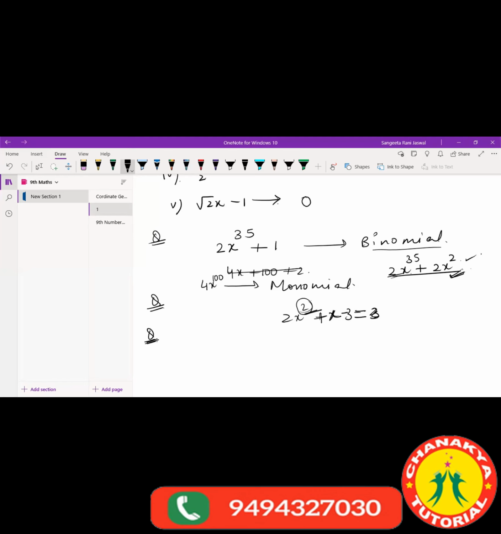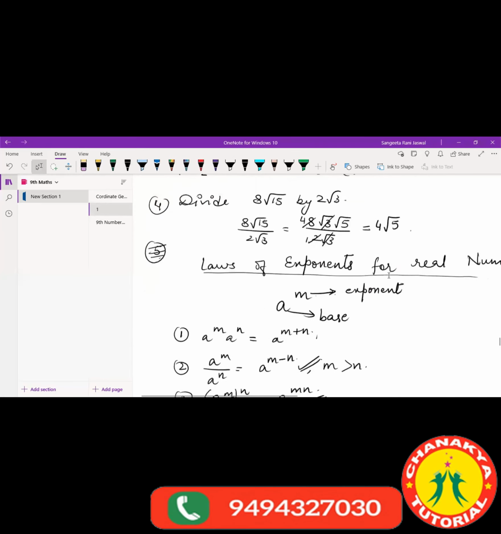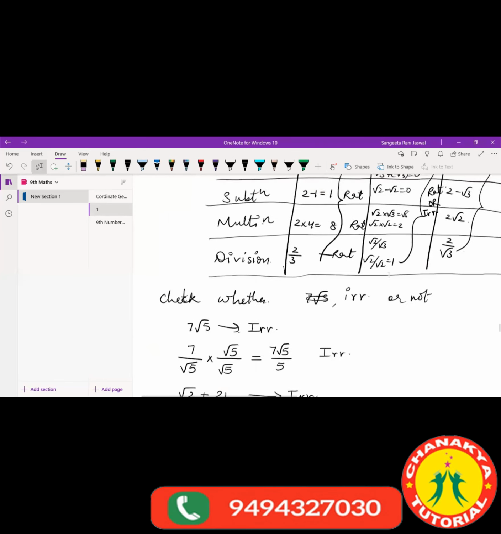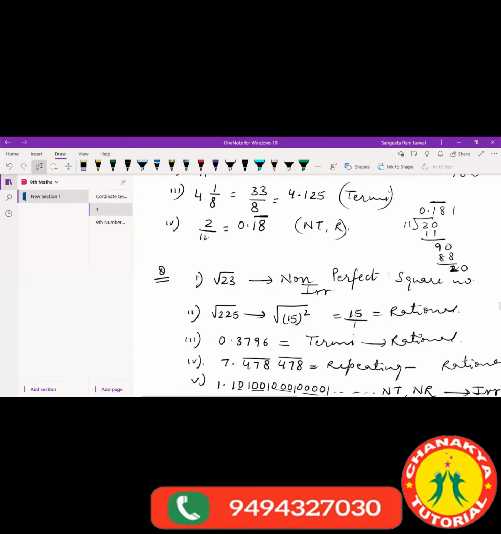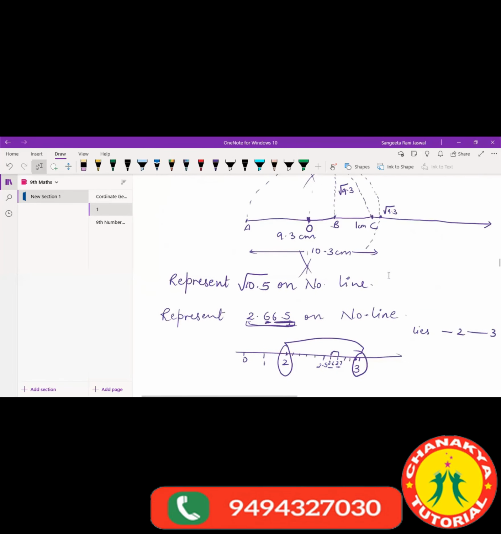Ma'am, if we want to locate root 9.3 on a number line, we should first mark 9.3 on the scale, then extend it by 1 unit, right? 1 centimeter. Listen here.